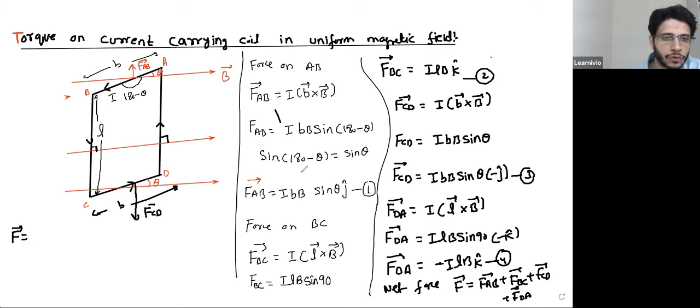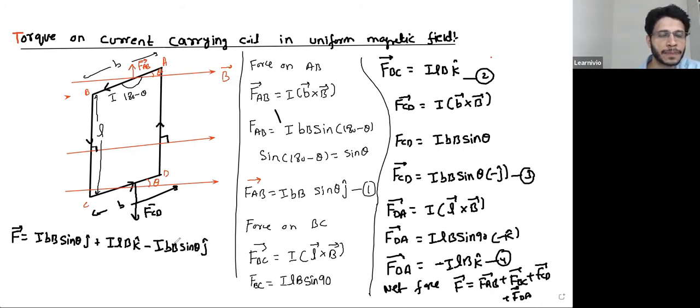So if I add all the forces, FAB is IbB sin theta j cap, plus ILB k cap, then this is IbB sin theta j cap, then this is minus ILB k cap.